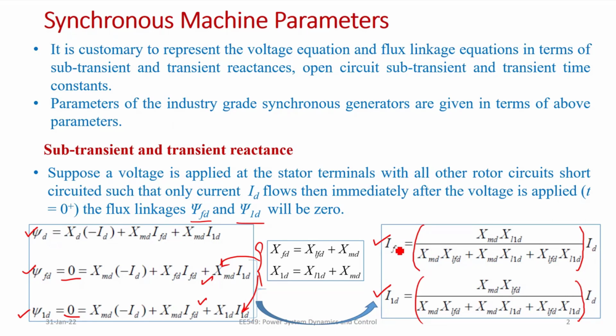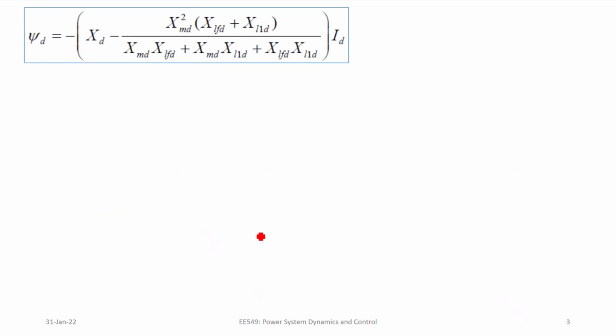Then the psi d equation will be written completely in terms of ID, with constant reactances: minus of xd minus xmd square into xlfd plus xl1d divided by xmd xlfd plus xmd xl1d plus xlfd into xl1d, into ID.